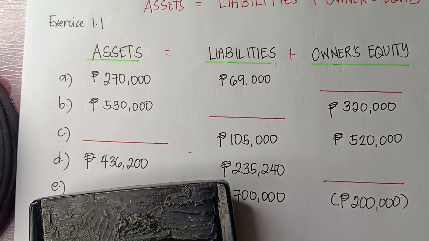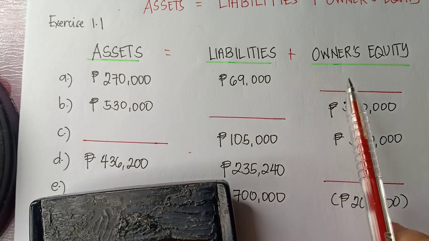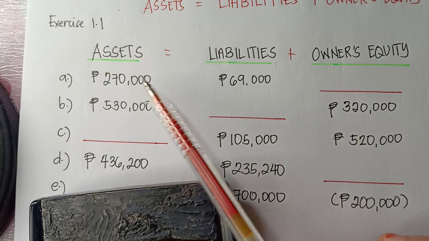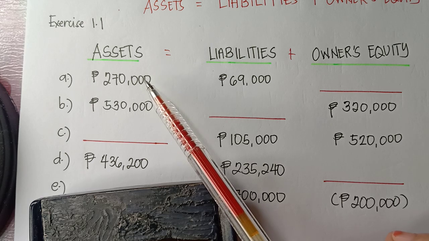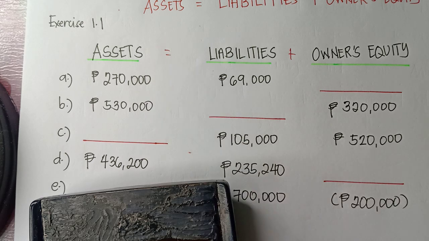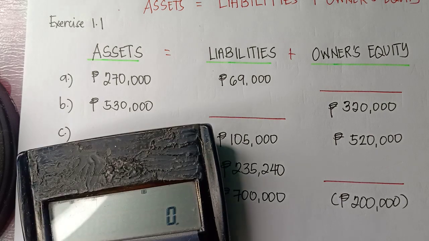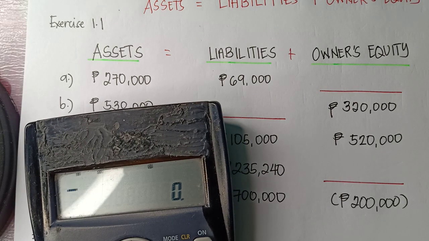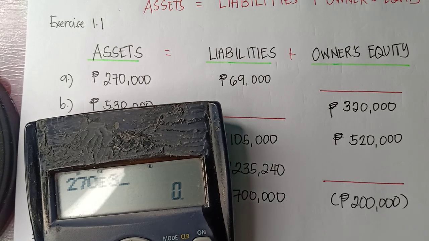So how much are we going to add to the liabilities in order to be balanced with the assets? We take the assets, which is 270,000, and deduct the liabilities.